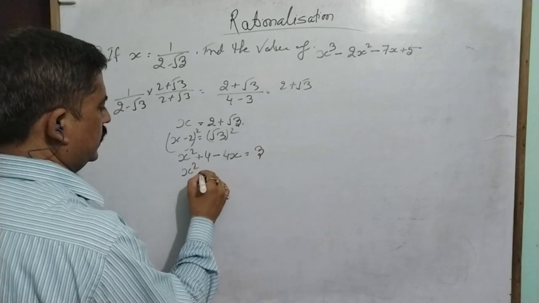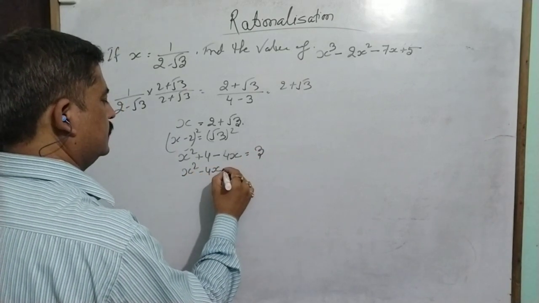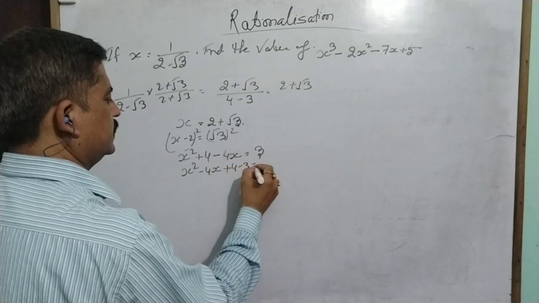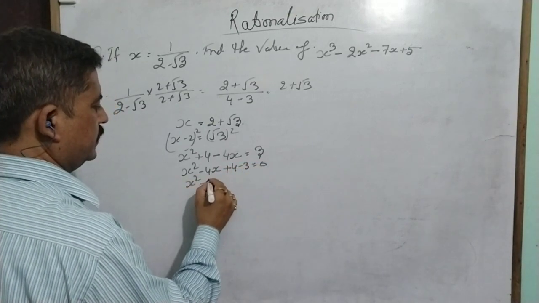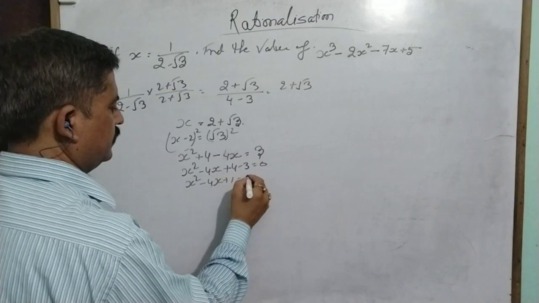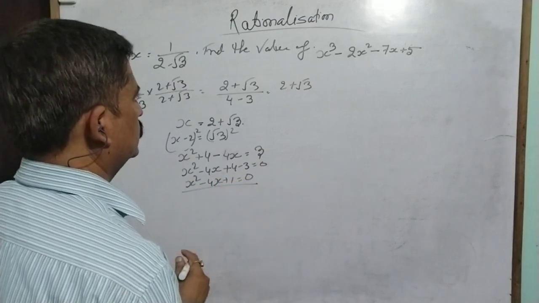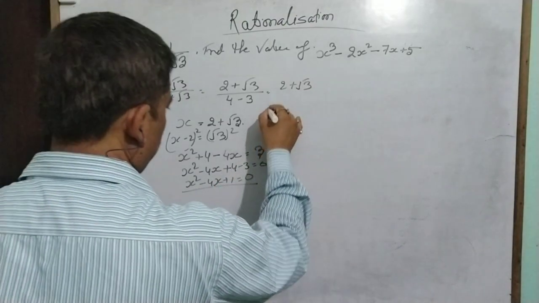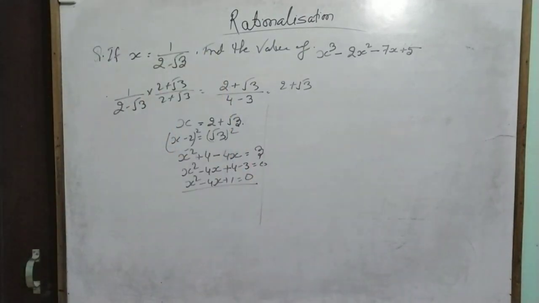So x square minus 4x plus 4 minus 3 equals 0. So x square minus 4x plus 1 equals 0.